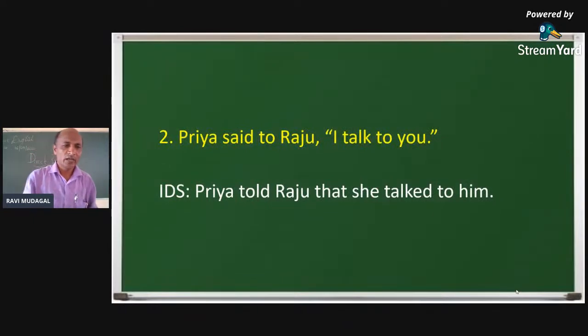Dear students, let's take a look at the second example. The direct speech is: Priya said to Raju, "I talk to you." Here, in the second example, the reporting verb is in past tense, and the reported speech is in simple present tense.